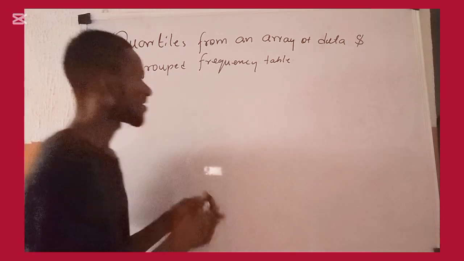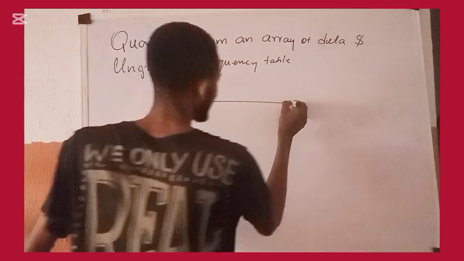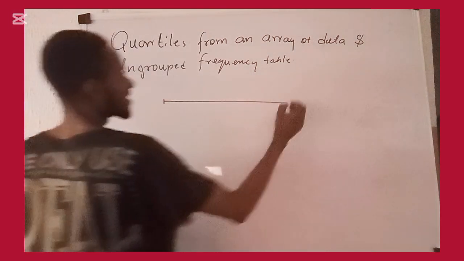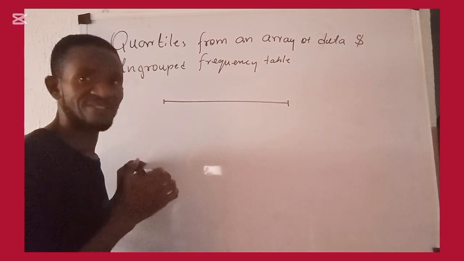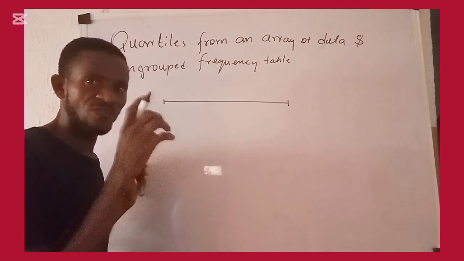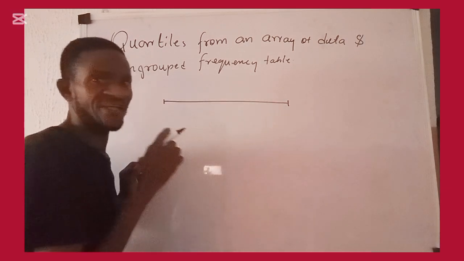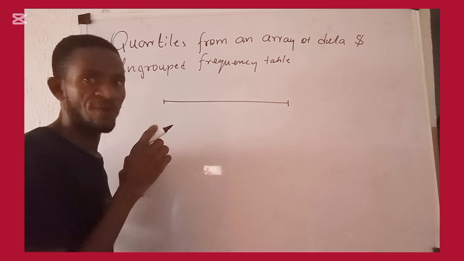That is to say that if we have a data set, permit us to write this line as a data set. When we talk about quartiles, we are looking at those values that are going to divide this set of data into four equal parts.